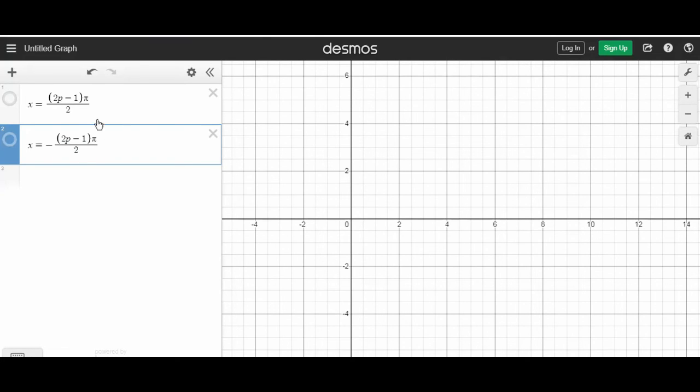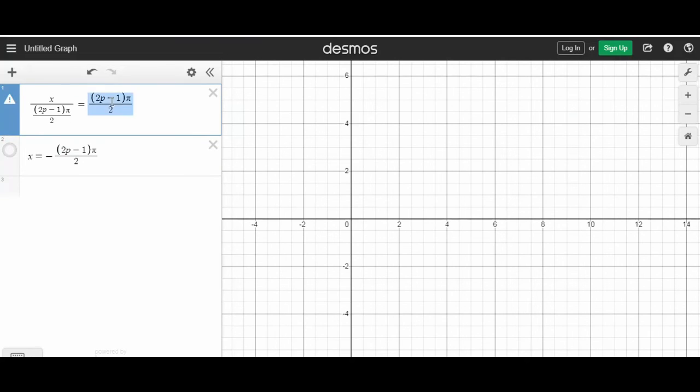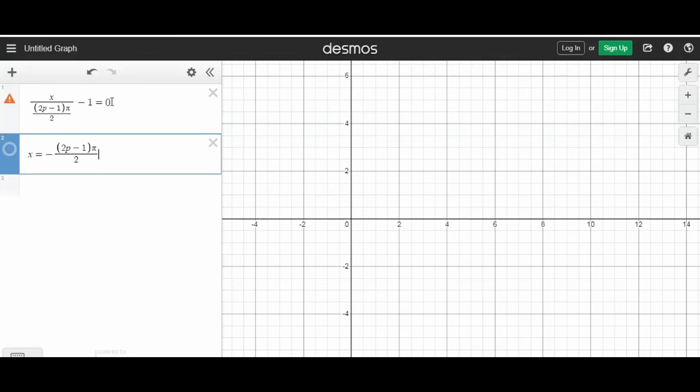We're going to do something very similar to what we did with the algebraic functions. But first, let's divide everything by this value. So we're going to shift it over to the other side. Right, so that gives us x over 2p minus 1 times pi over 2 is equal to 1. And now we'll subtract 1 from each side to give us this expression is equal to 0. Okay, let's do the same thing over here.